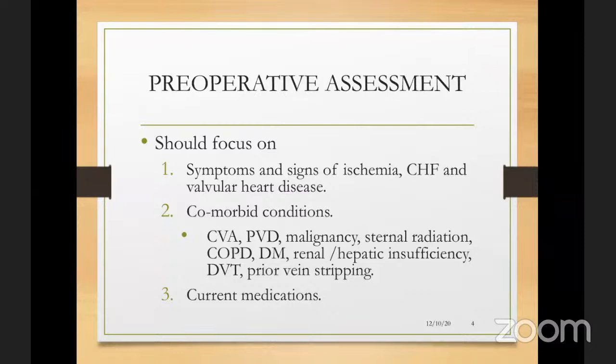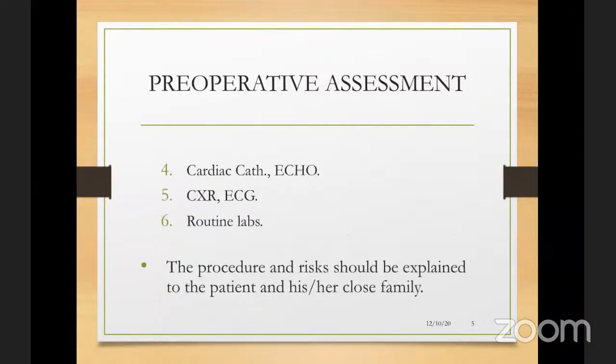Medications should also be asked about, especially antiplatelet use and anticoagulation. Cardiac cath, echo, chest X-ray, ECG, and labs should be reviewed, and the procedure with its risks and benefits should be explained to the patient and their close family.